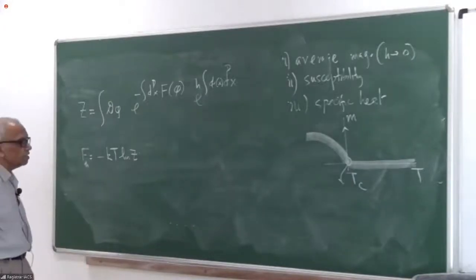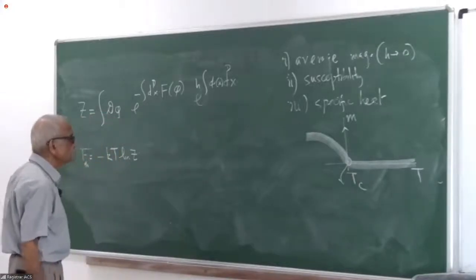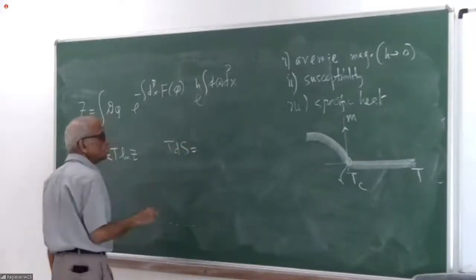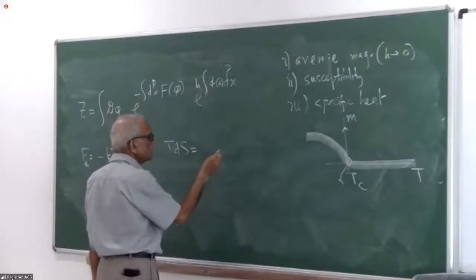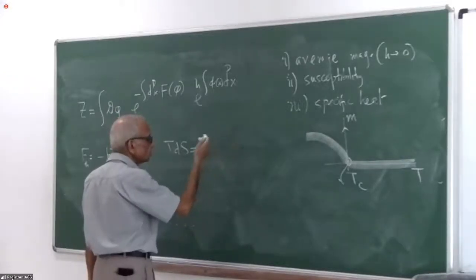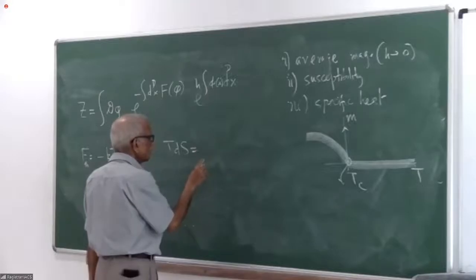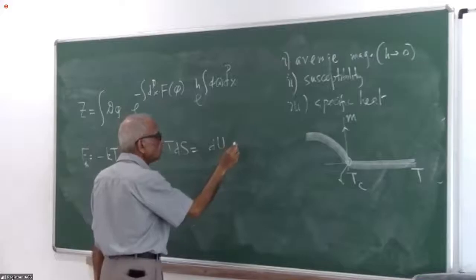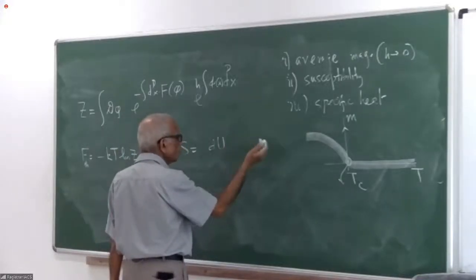And then if I have an external magnetic field, then your TdS is going to become T, the internal energy, which is your dU, and then there is the work done.